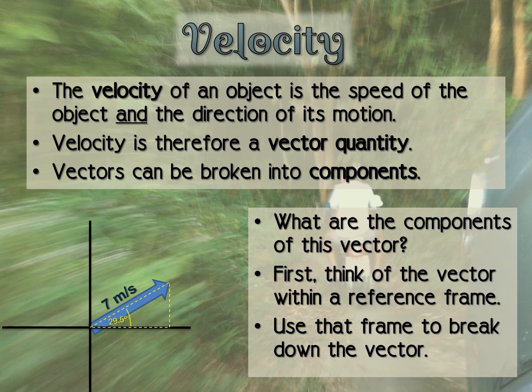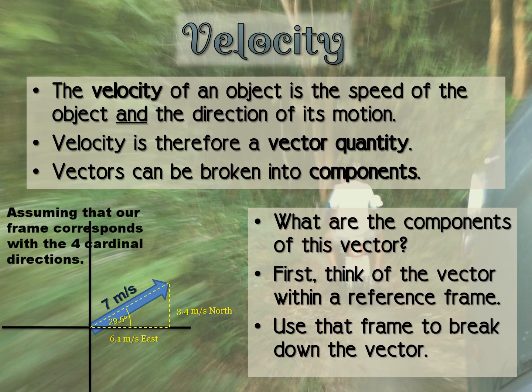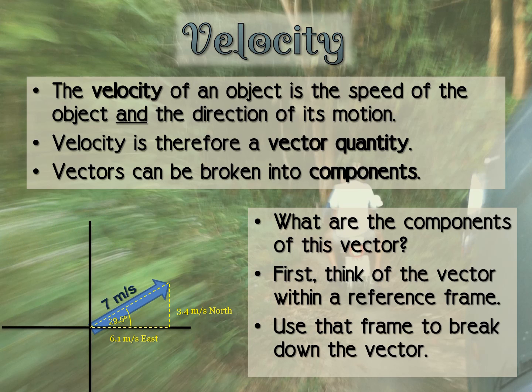Using simple trigonometry at this point, we can break down the vector into components in this frame of reference. So, with the information we have and the frame of reference we've chosen, we can tell that this vector has a component of 6.1 meters per second eastwards and 3.4 meters per second northwards.